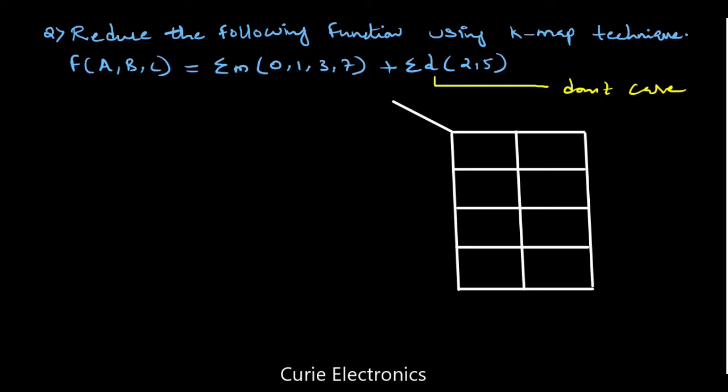So here I'll write it as A, B, C. So C, A, B can take the value of 0, 0, 0, 1, 1, 1, 1, 0, 1, 0. Then don't care. Don't care is 2, 5. Now I'm going to directly write it without writing anything to save time.